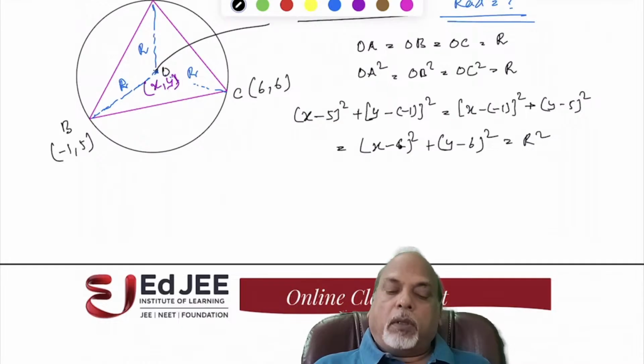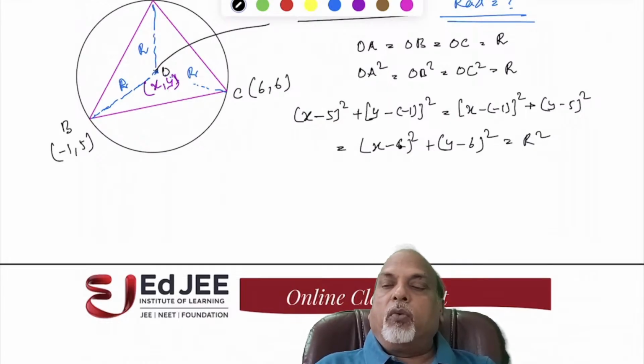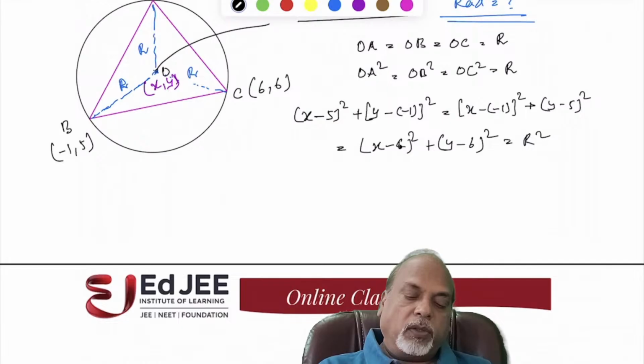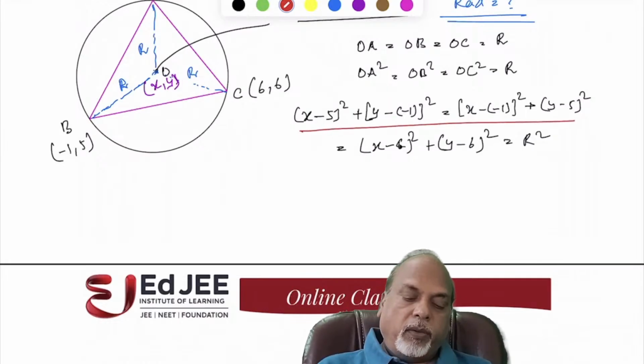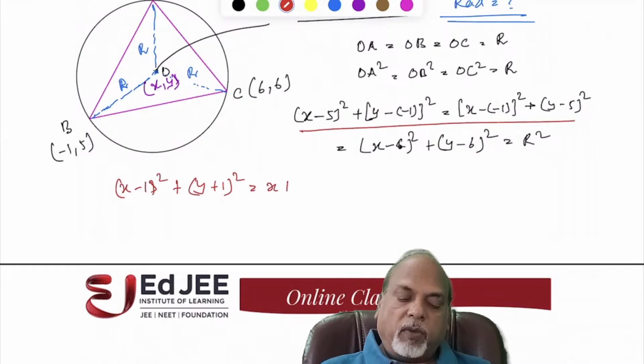Correct? So you have these equations basically to find out this thing. Suppose if we take these two relations, means x minus 5 square plus y plus 1 square equal to x plus 1 square plus y minus 5 square.